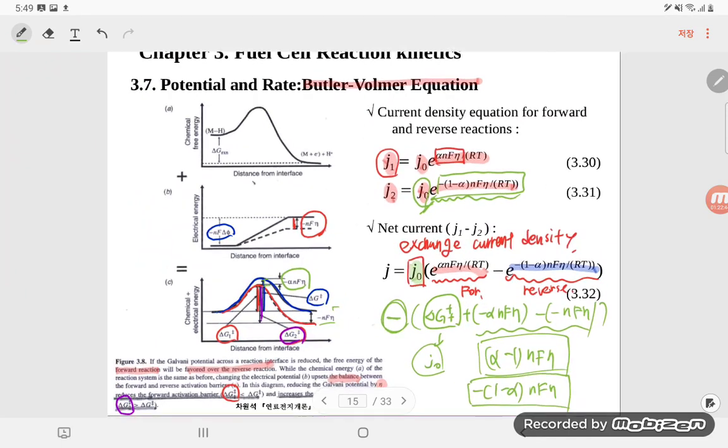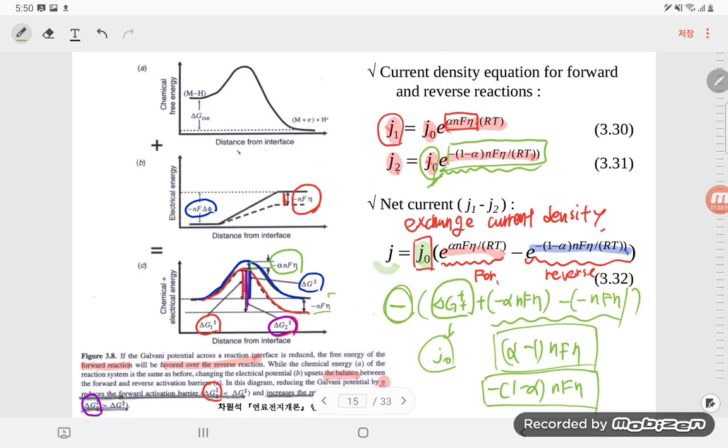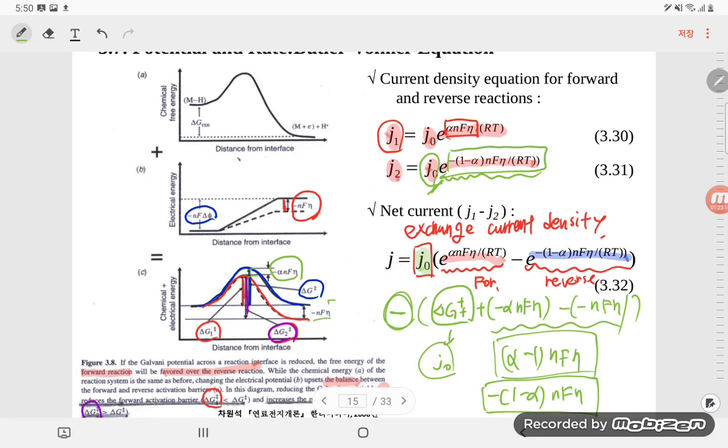So if there is a higher exchange current density, if we see the reaction rate in the equilibrium state, there is no apparent reaction, right? But actually, if we have a higher J0, then if we sacrifice a small amount of eta, that is the activation overpotential, then we can generate a high current density, right?